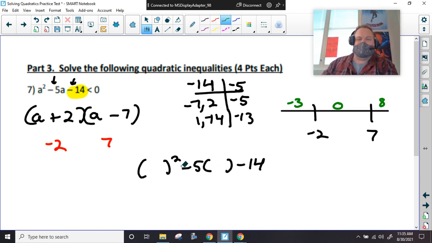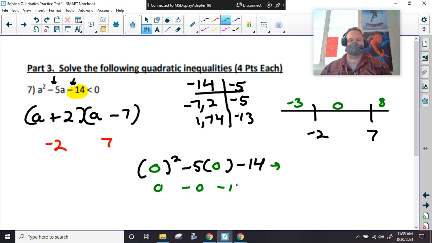All right. So I'm going to plug in 0. Okay. So this is 0 minus 0 minus 14, which is, just hang on. I get -14. Is -14 less than 0? Yes.